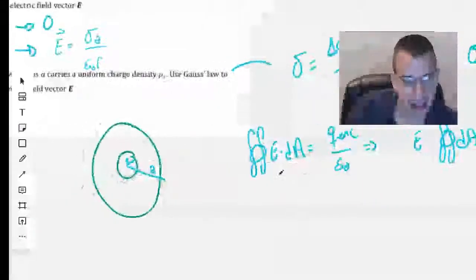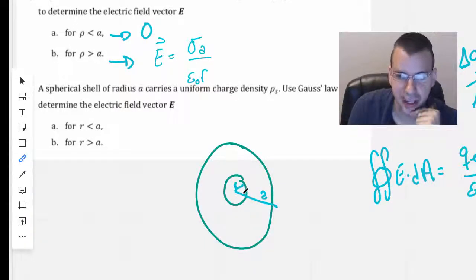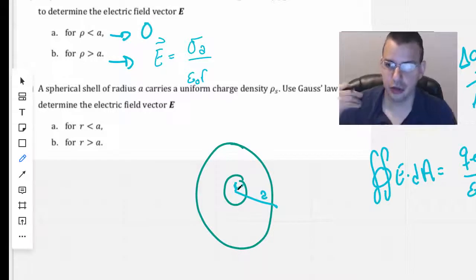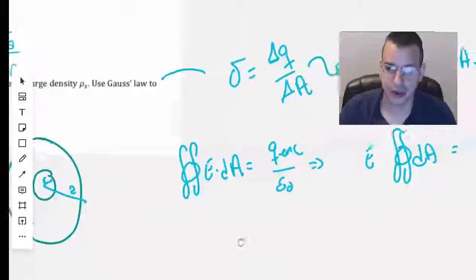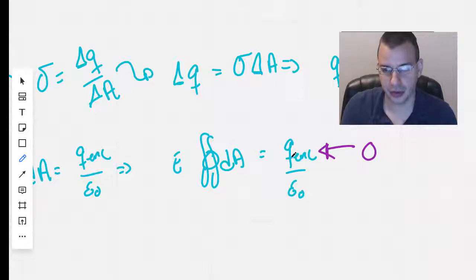So when we have a small concentric circle inside, if we're looking for the electric field inside this shell, our Gaussian shape is going to hold within it 0 charge. And since it has 0 charge, that's going to mean that there's no electric field. So the only way that you can make this equation equal 0 is if the electric field is 0.